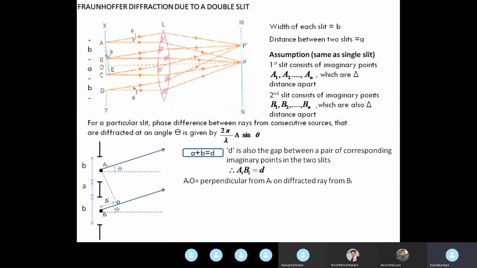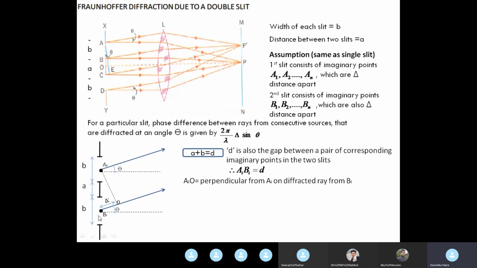Okay. So the path difference between these two diffracted rays as they go and meet on the screen after being converged by the lens is this distance. The ray from AI has already started, and the ray from BI, after starting, their journey together starts after this distance delta prime, because that is the distance that the perpendicular from AI onto the ray from BI makes.